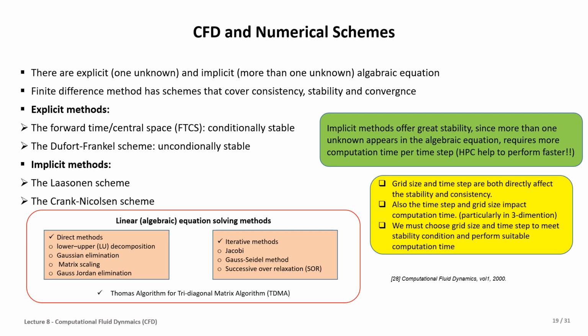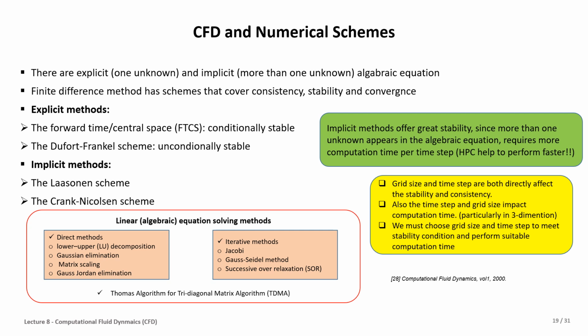Regarding the scheme for solving them, for algebraic equations we have two main approaches: direct methods and iterative methods. For example, for LU decomposition, Gaussian elimination, matrix scaling, and Gauss-Jordan elimination, we are using direct methods.